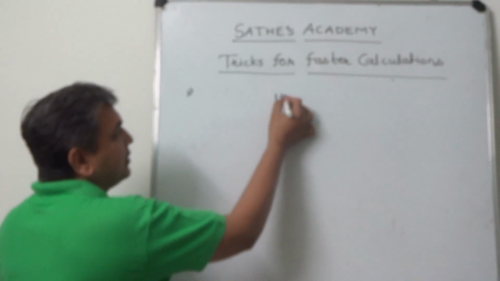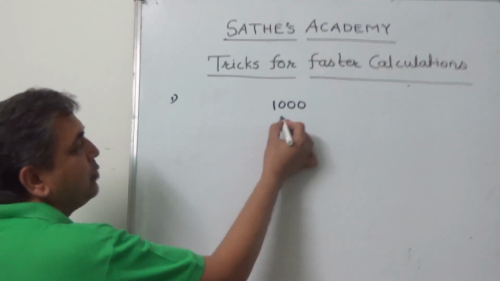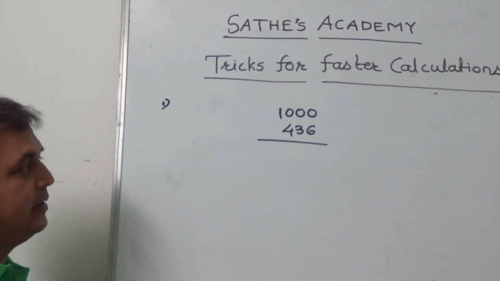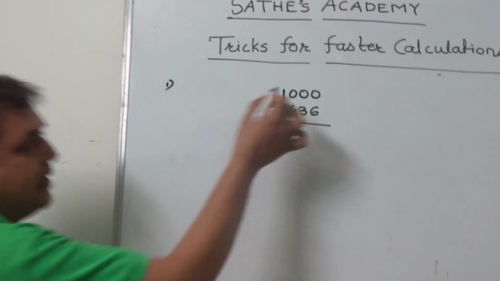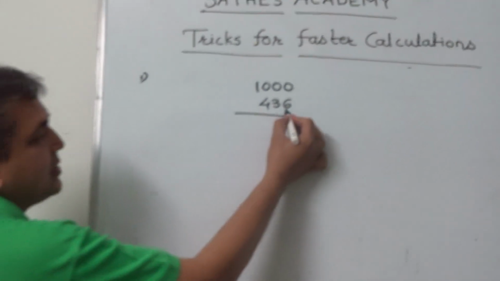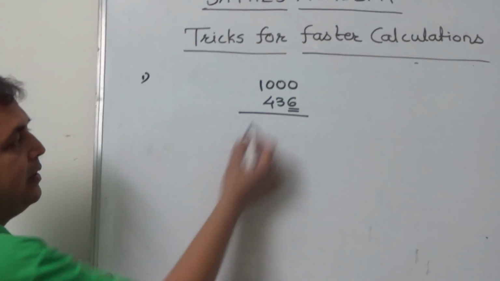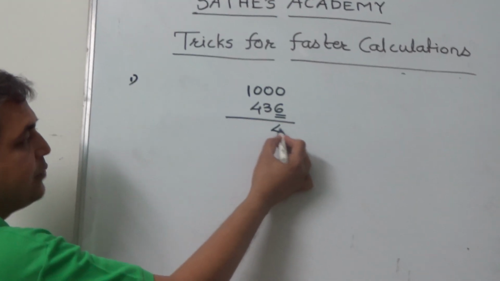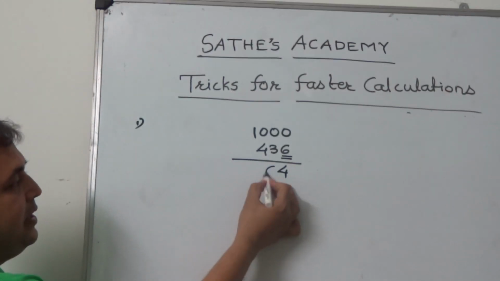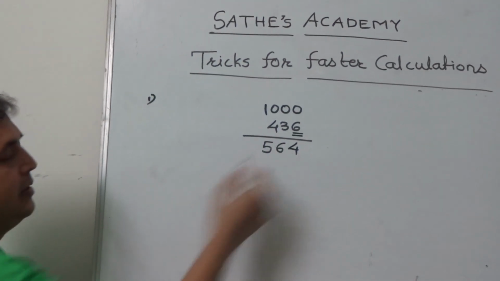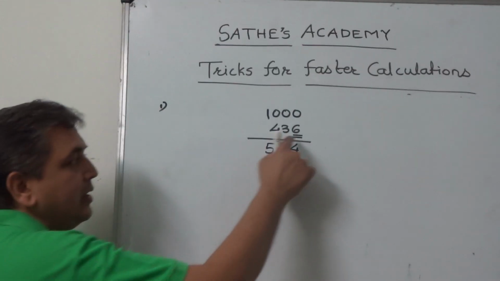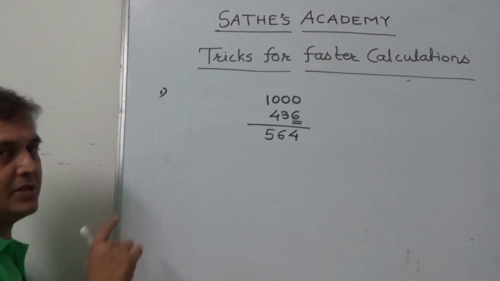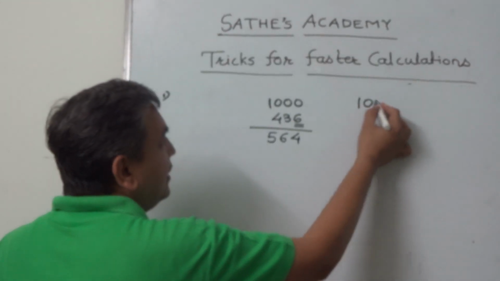Like from 1000 milliliter we have to subtract 436 milliliter. How much is it? Now for this subtraction, the simple trick is subtract the last number from 10 and the other two numbers from 9. 10 minus 6 is 4, 9 minus 3 is 6, 9 minus 4 is 5. So the trick is, the units place should be subtracted from 10 and the others should be subtracted from 9.